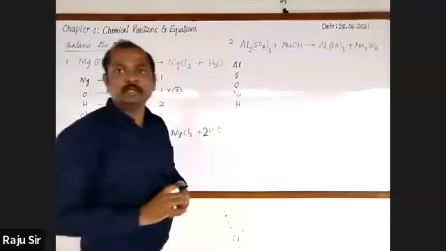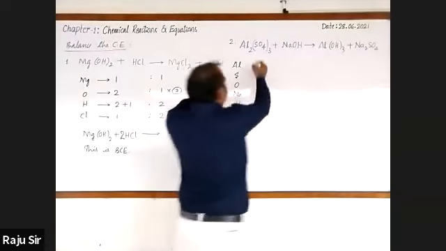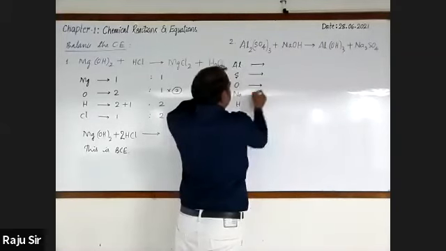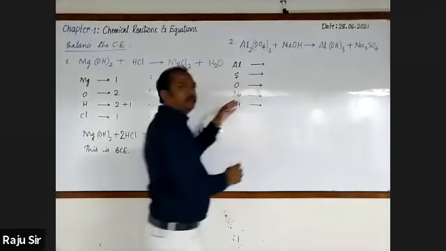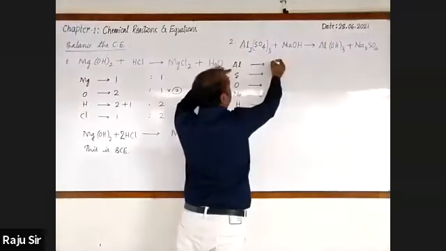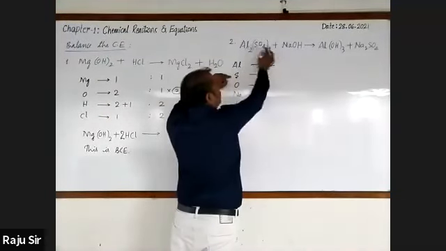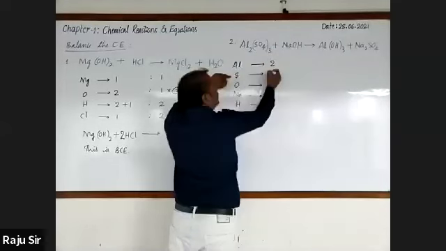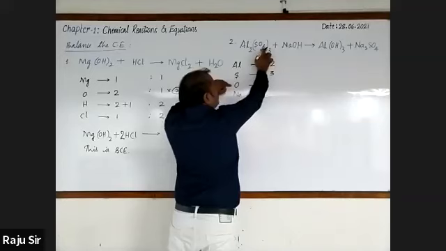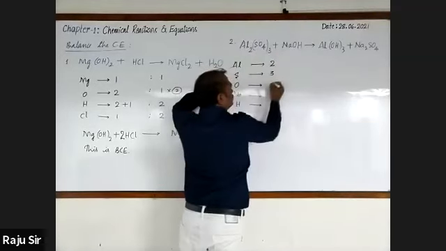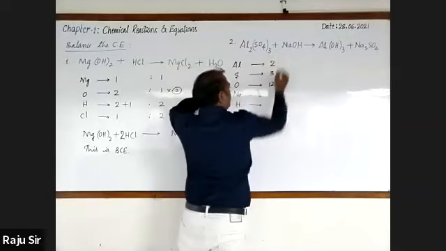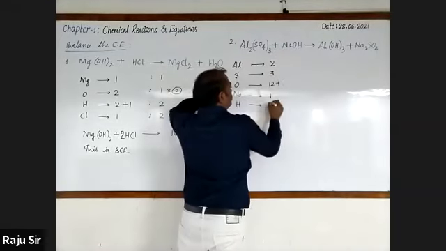And write the number of atoms of each element on reactant side and product side. On reactant side, number of aluminium atoms 2, sulfur atom, here 3 is there, 3 ones are 3. Oxygen, here 3 fours are 12, 12 plus 1, 13. Next sodium, only one atom, and hydrogen, only one atom.